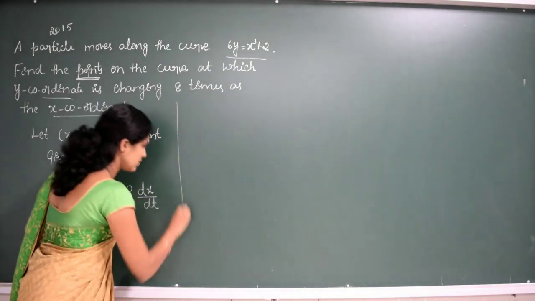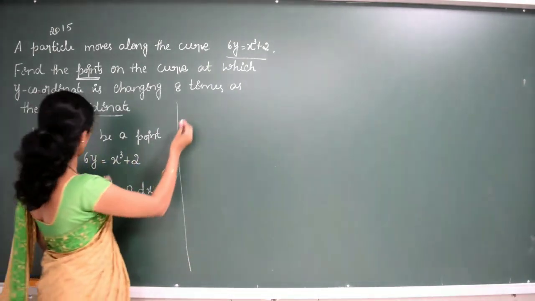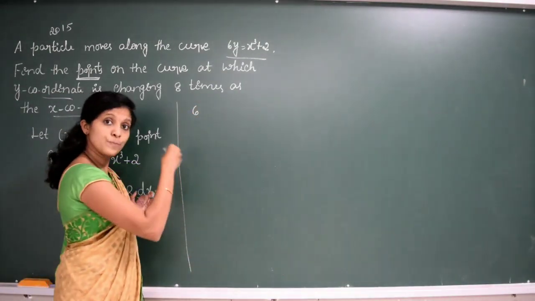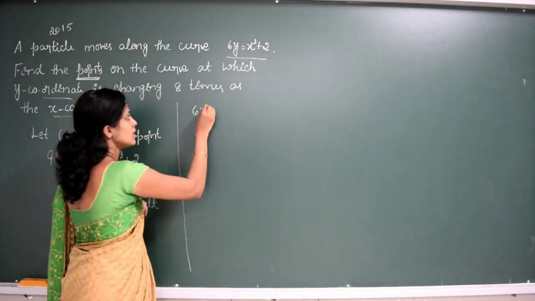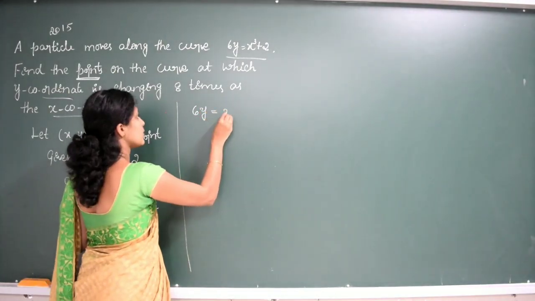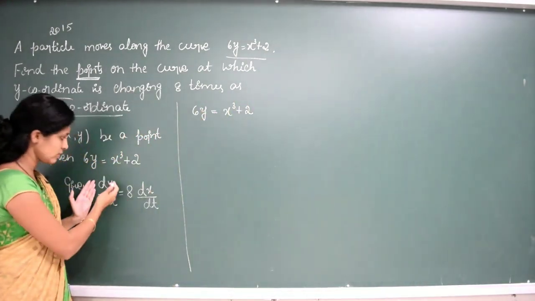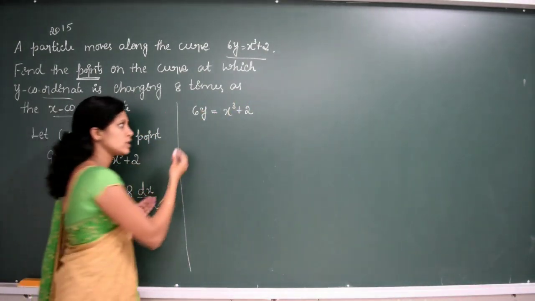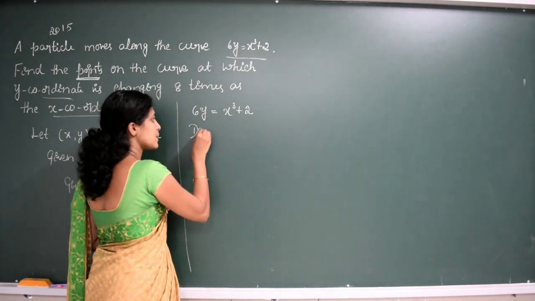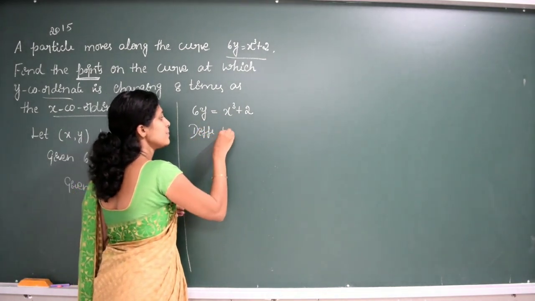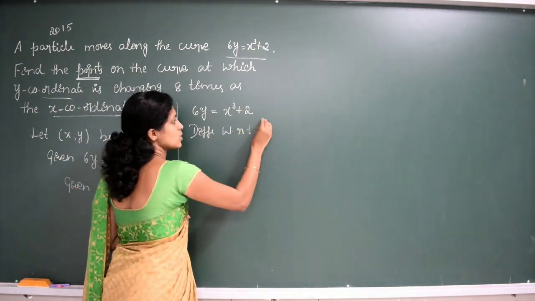So the given curve is there, we will differentiate this with respect to t. 6y = x cube plus 2 is given. We have to differentiate the function with respect to t. Compulsorily you have to write this, okay?